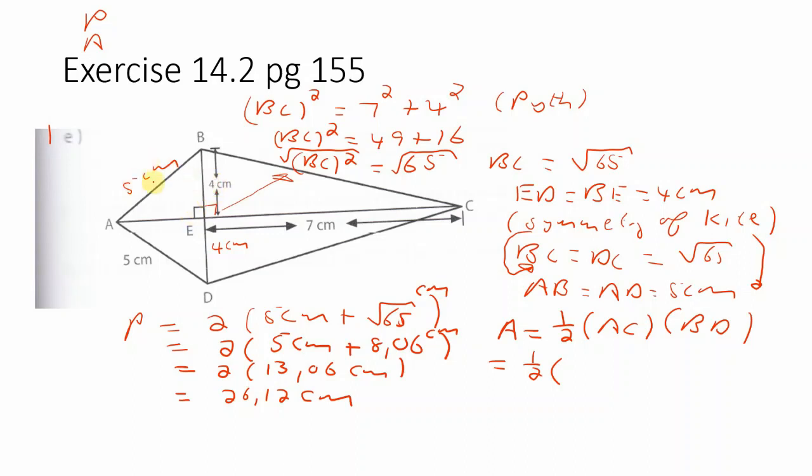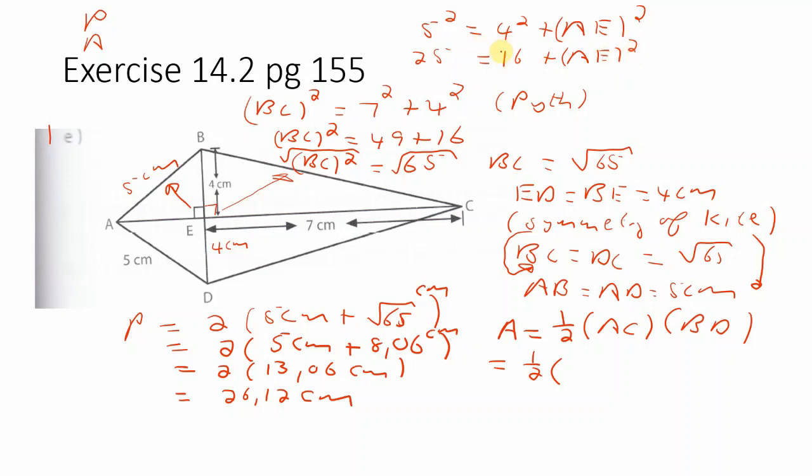We have a 4 centimeter, we have a 5 centimeter. So opposite the 90-degree angle, we have our hypotenuse. So we can say 5 squared equals the 2 shorter sides, which is 4 squared plus AE squared. So we have 25, 5 times 5 is simply 25, and 4 times 4 is 16 plus AE squared.